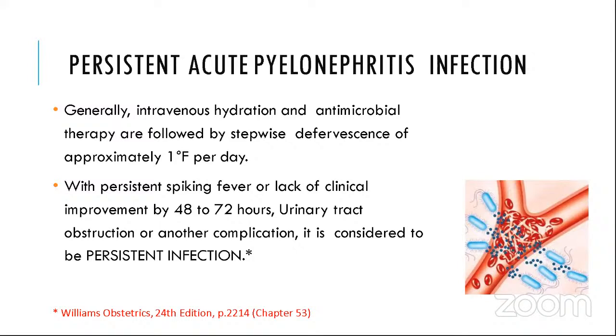With persistent spiking fever or lack of clinical improvement by 72 hours, urinary tract obstruction or another complication has to be considered. In this persistent infection, causes other than bacteria, like some obstruction or surgical cause, have to be kept in mind.